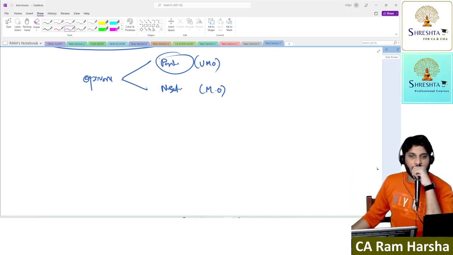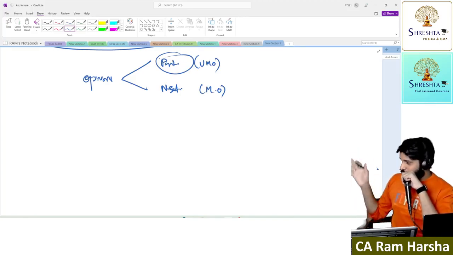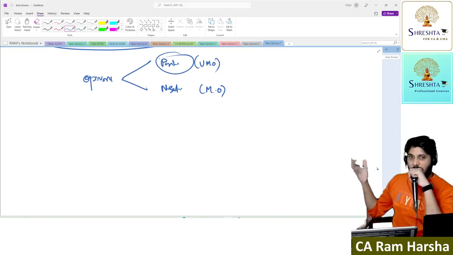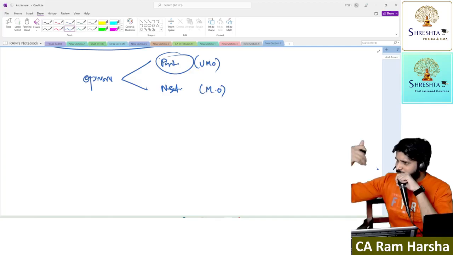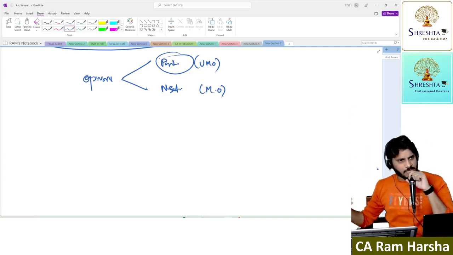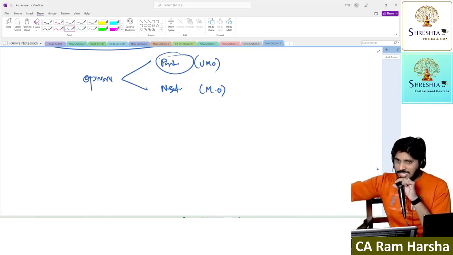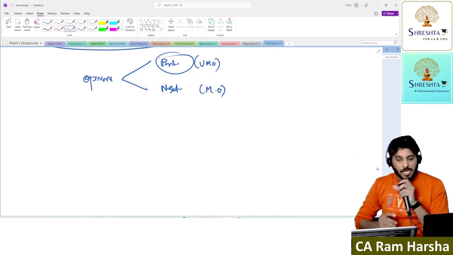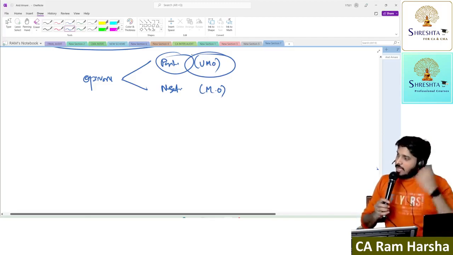Able to understand. So you appointed me as an auditor to check the balance sheet and P&L. I inquired, I saw the background data, and everything is right. So I will mention everything is right. If something is wrong, I'll mention something is wrong. If everything is wrong, I'll mention everything is wrong. Are you getting it? So when will the auditor give an unmodified opinion?